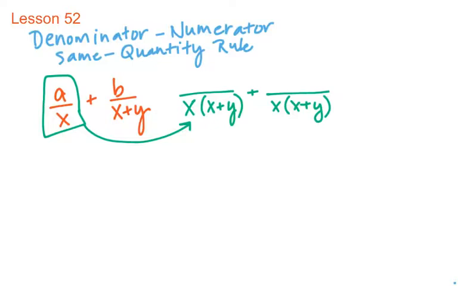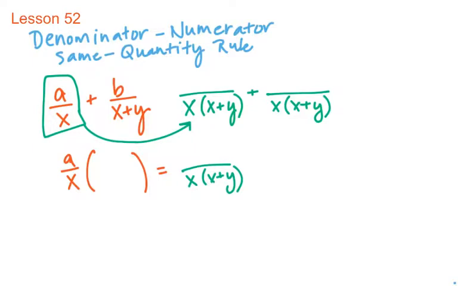So we had to multiply our original a over x by something in order to create this new denominator right here. So we need to acknowledge, what do we need to multiply it by to get that in the denominator?